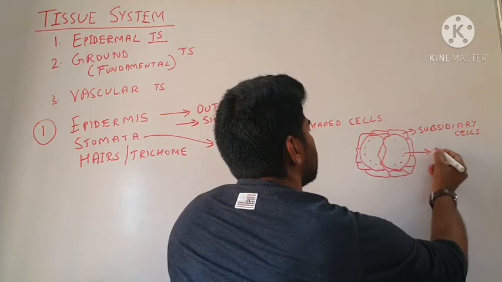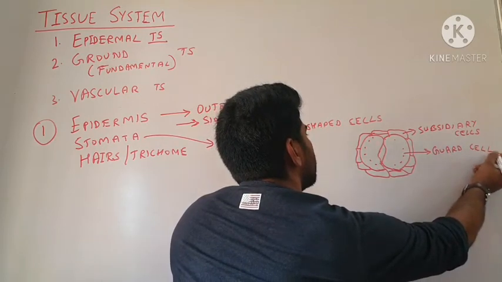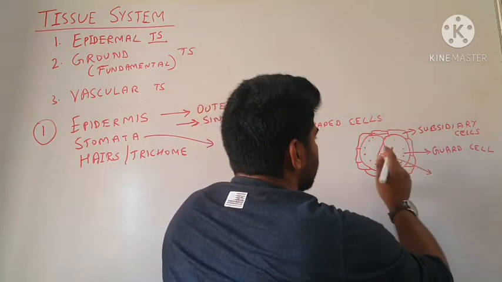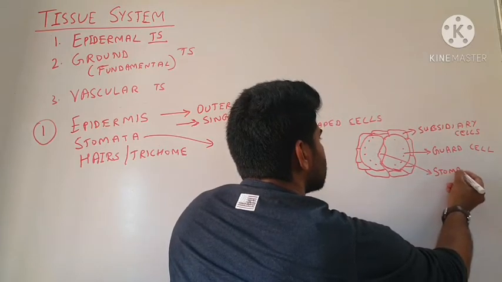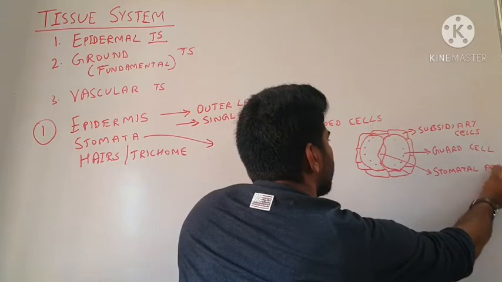And we have the guard cells. The two guard cells enclose a small opening called the stomatal opening or the stomatal pore.